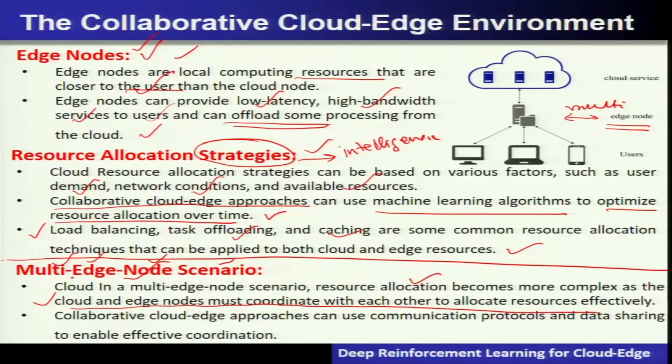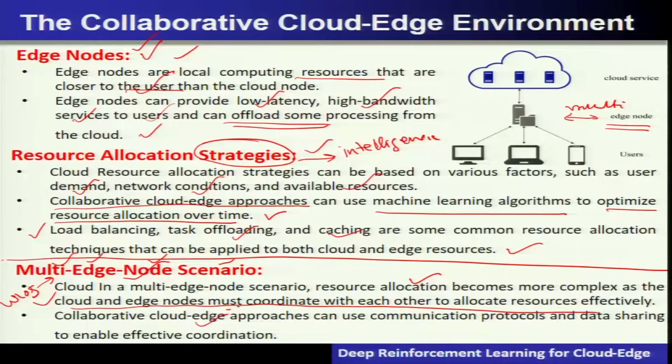We will show this particular use case with a single edge node based resource allocation strategy, that is called the cloud edge environment. Nevertheless, without loss of generality, the same approach which we are going to cover can be extended to the multi-edge node scenario as well.